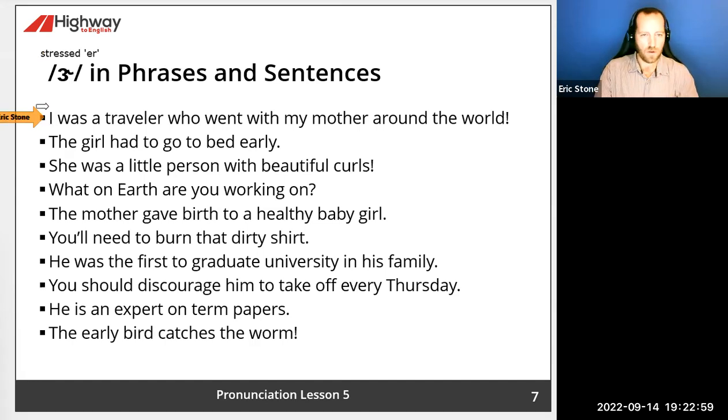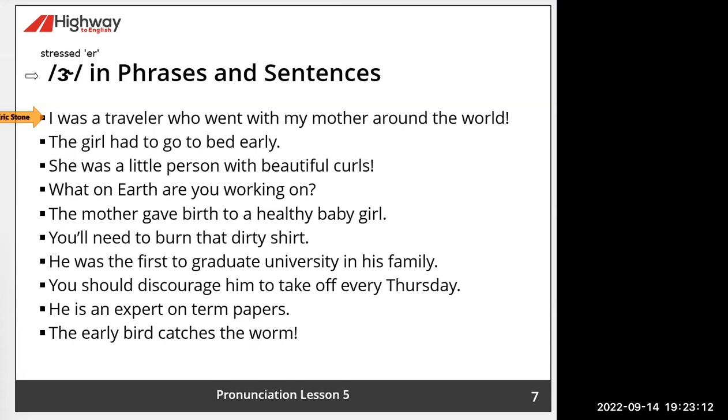I'll read first. So number one, I was a traveler who went with my mother around the world. Go ahead, Zuhud. I was a traveler who went with my mother around the world. Good.